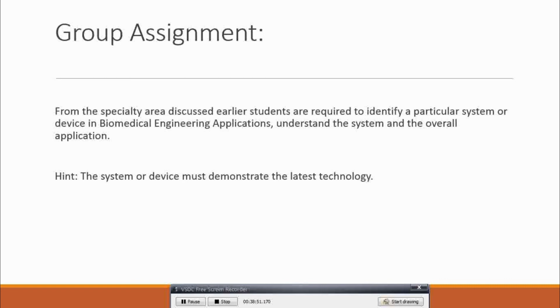From the titles or ideas given, I would like you to choose the title first and then refer back to me to see whether the title is okay or not. If I agree, you proceed with the assignment. If not, you have to find a different title.